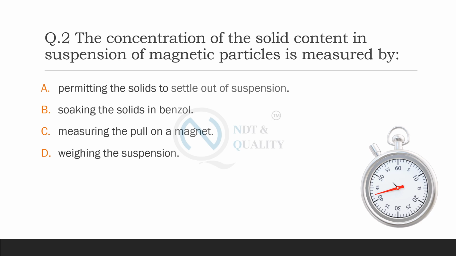Most students take option A, the settling test. But the correct answer is weighing the suspension, because it is mentioned as solid content. So option D is the right answer.